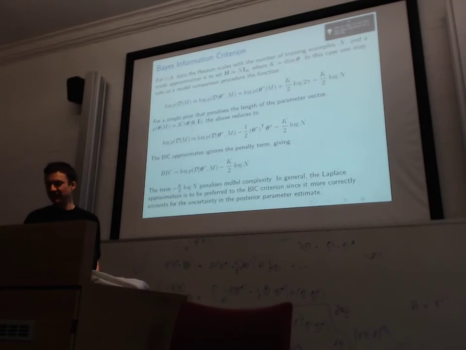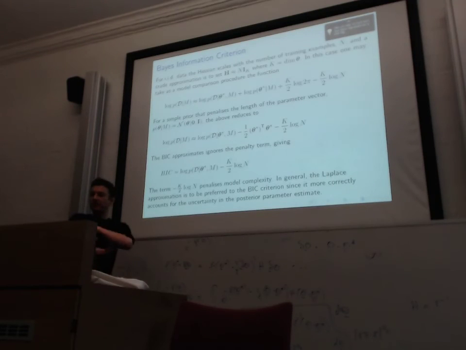And you end up with this expression. So maybe your optimal theta is roughly 0, and I don't know how they went about that, but this is their final approximation. This is called the Bayes information criterion approximation.